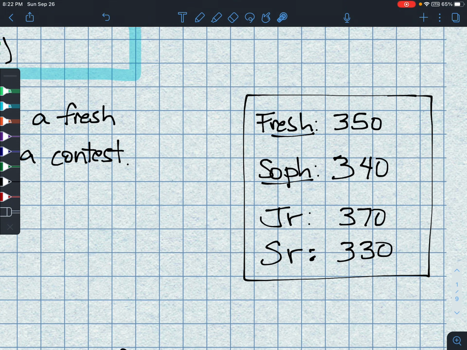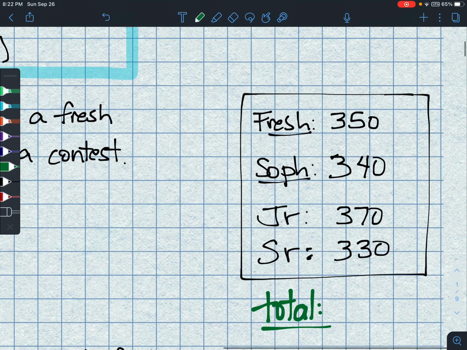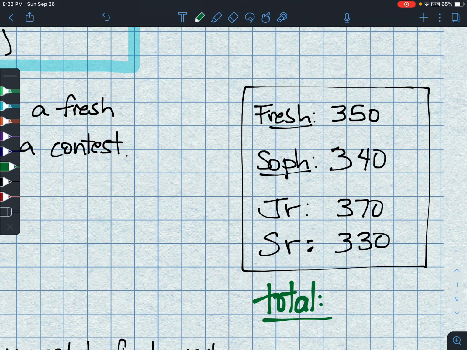But we need to know what the total is. Obviously, when we get a probability, we need the total. So I'm going to put the total down here. You can probably do this faster than I can. But let's see, we get 3, 3, 3, 3. That'd be 12. 1390, I think, is what I get when I add those up.